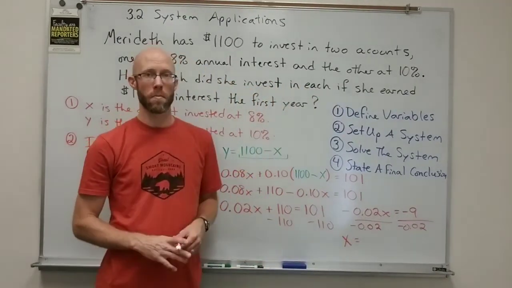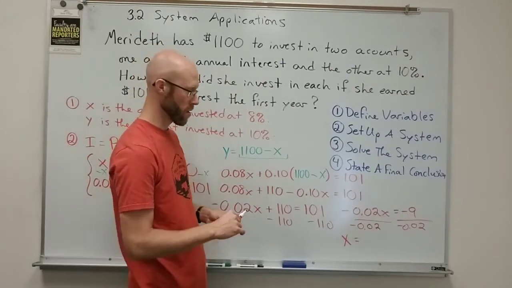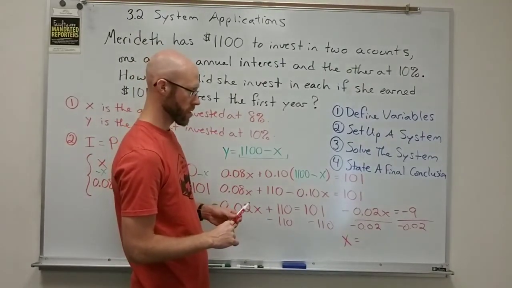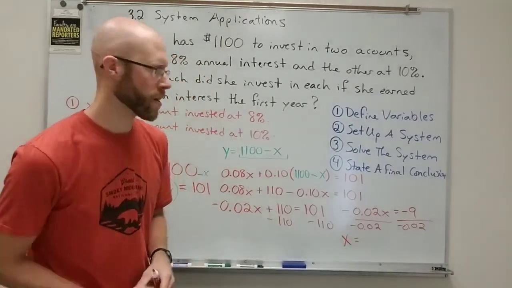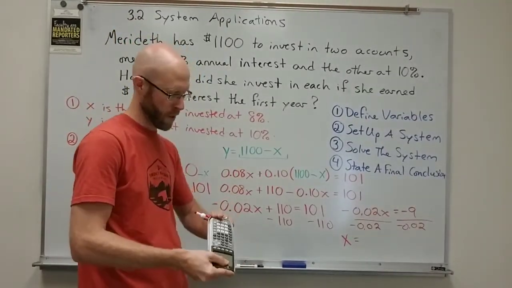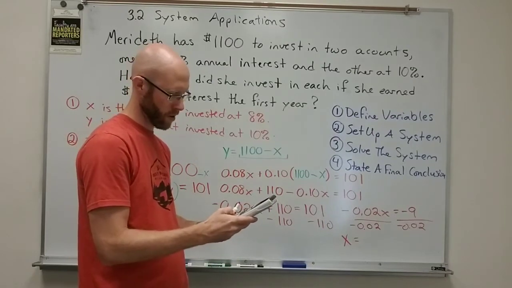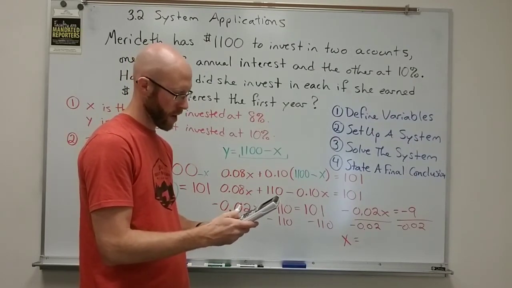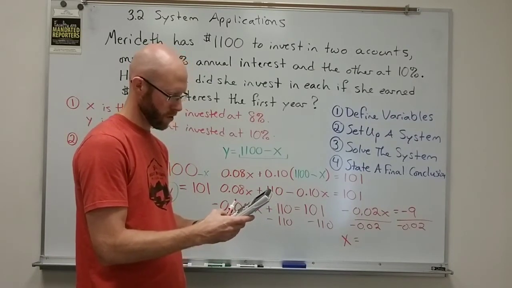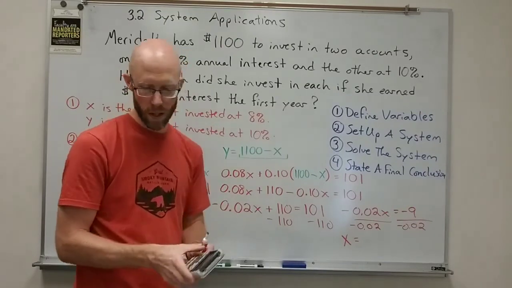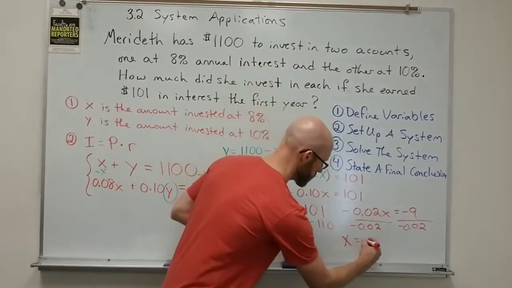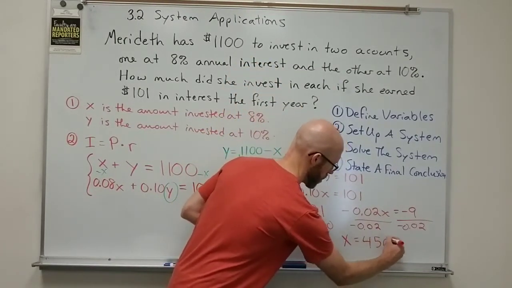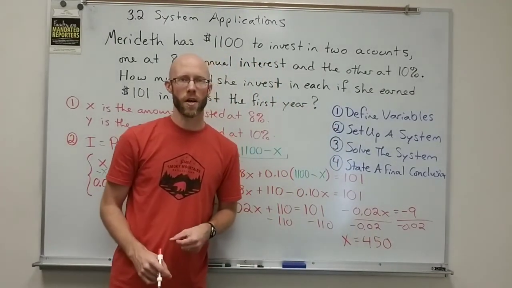Now this one I might actually use my calculator. Think about that for a second. 200 would be 450 maybe? Let me think. I think it's 450. But if I go 9 divided by 0.02, 450. Yep. And so the double negatives cancel out, so it's positive. And I get 450 for the x value.